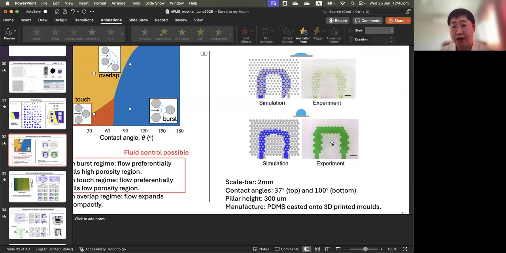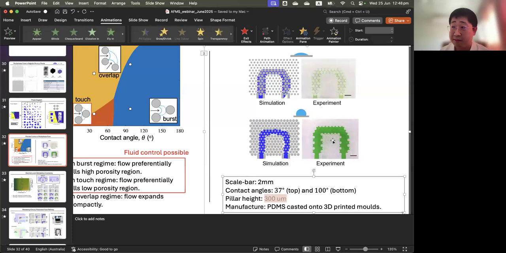It's just like 1.5 centimeters. Okay. And then the depth is around 250 micrometers. Here is 300 micrometers. That's the height into the page. And this particular image shows the PDMS.